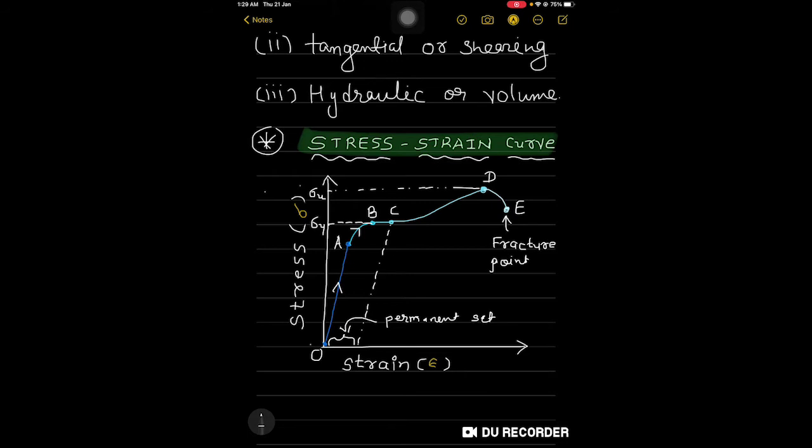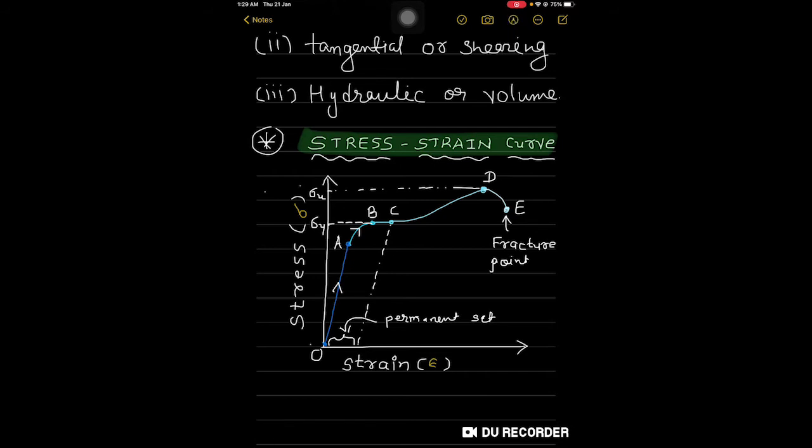So we can find out from the graph whether the material is brittle or ductile. If the distance between D and E is small, it is called brittle material, but if the distance between D and E is more, it is called ductile material. So this is one type of graph that is shown and explained.